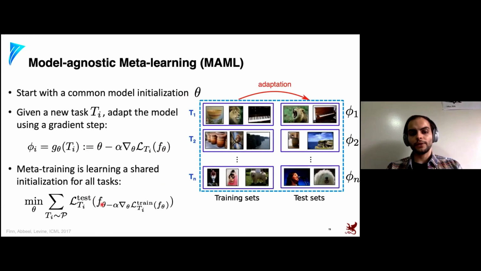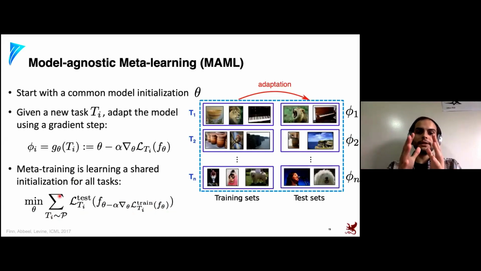We evaluate the function after we updated its parameters, so it's the function with the updated parameters evaluated on the test sets, and then we simply average over the test sets that we have. And then we optimize this objective function with respect to the initialization. Why? Because these new parameters are a function of theta, so everything under the minimization is a function of theta.